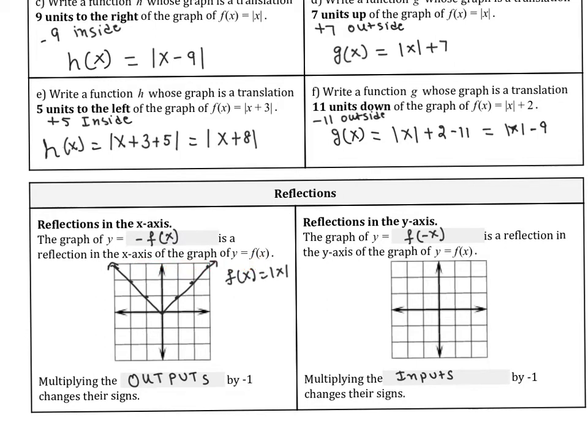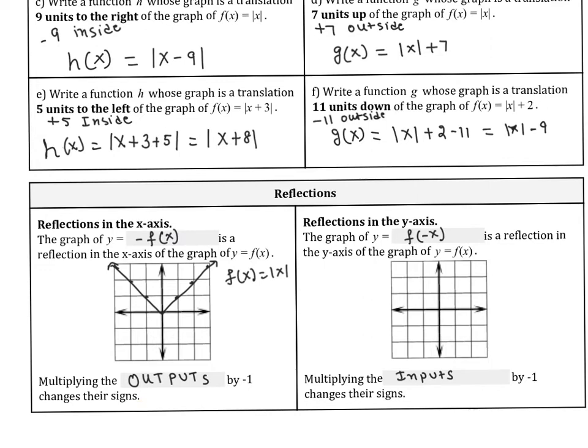So for example, if you take the function that is absolute value of x, the graph of absolute value of x has points 0, 0; 1, 1; 2, 2; 3, 3; and negative 1, 1; negative 2, 2; and negative 3, 3. If you multiply the outputs, meaning the y values, by negative 1, it changes their signs, and then that is going to be your reflection graph.